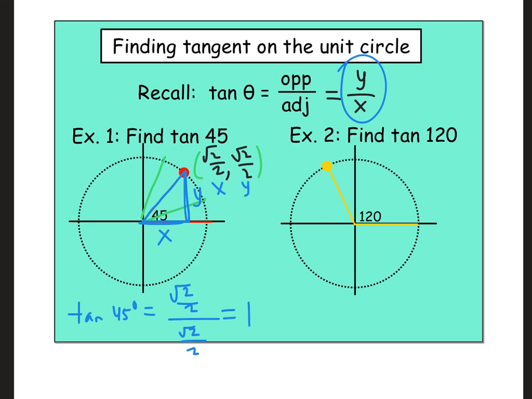Let's do one where that's not the case, where we actually have to do a little math. Let's say we want the tangent of 120 degrees. So 120 degrees, that means the reference triangle for 120 is this guy right here. What is the reference angle there? How far from 180 were we is the question.